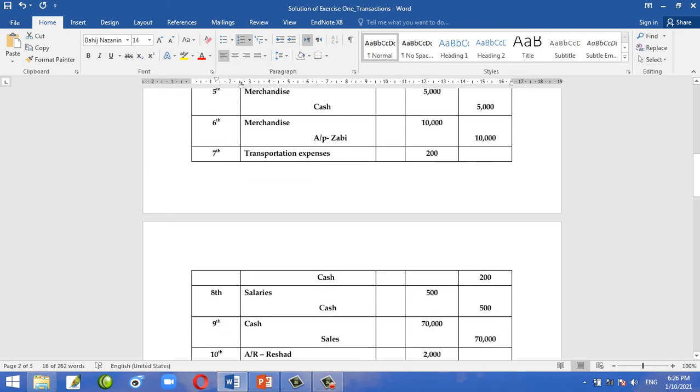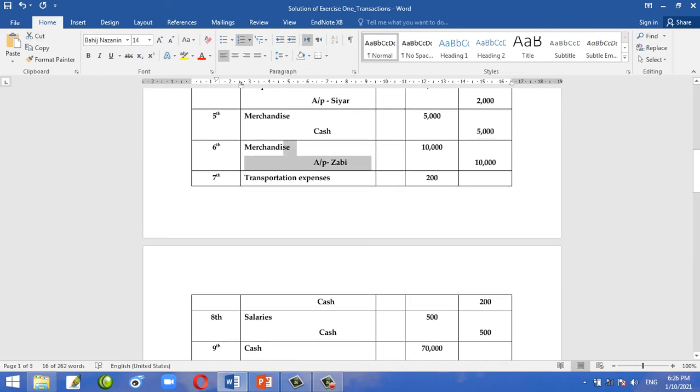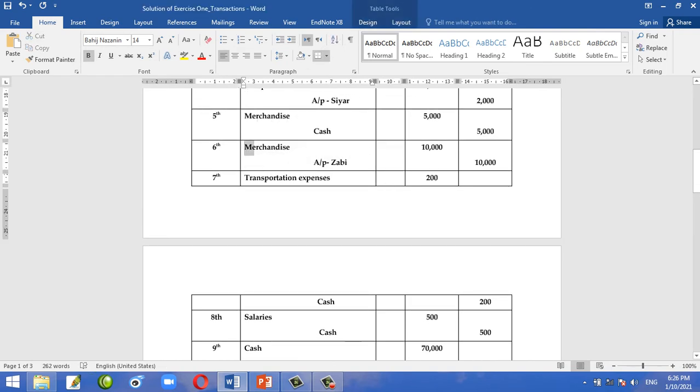So come here. On 6th of October we had this kind of transaction, that merchandise was received from the B, but we were responsible to pay the money after, for example, a month or after 3 to 4 days.